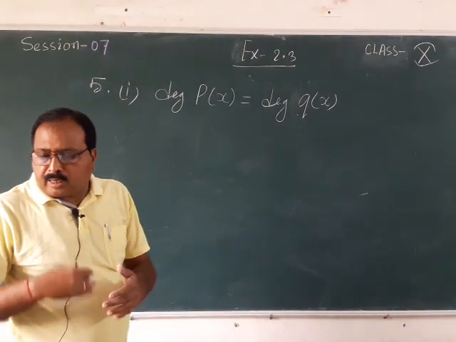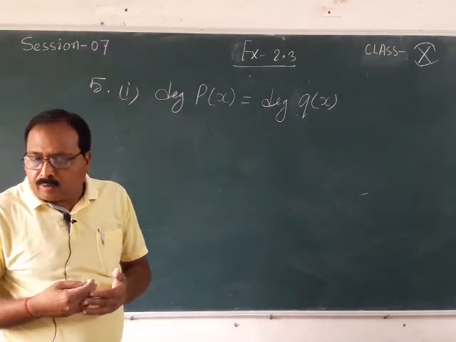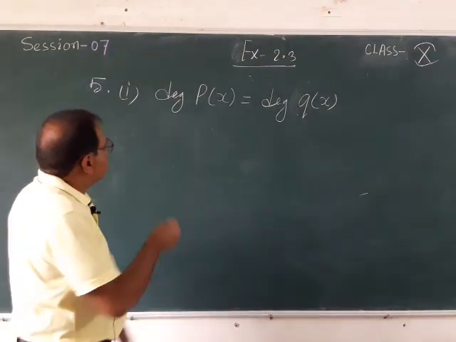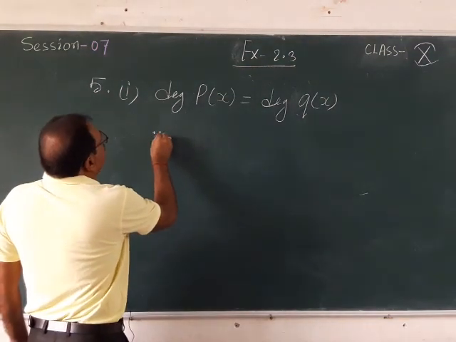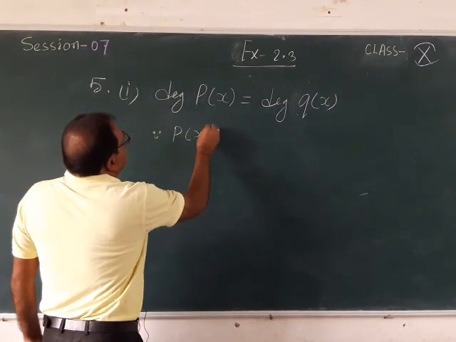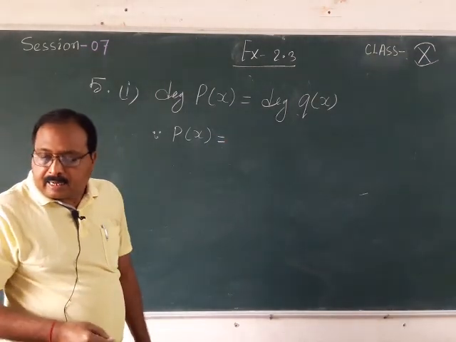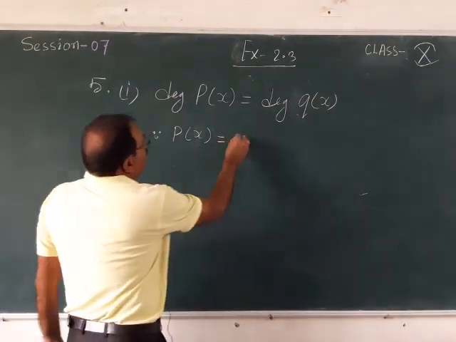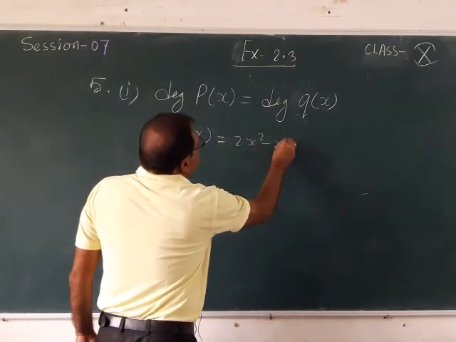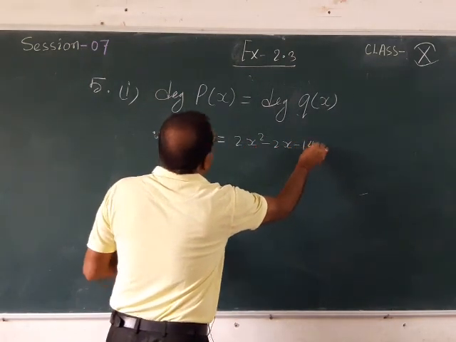Actually we need to think about the degrees of all these polynomials. So I can take p(x) as 2x square minus 2x minus 14.